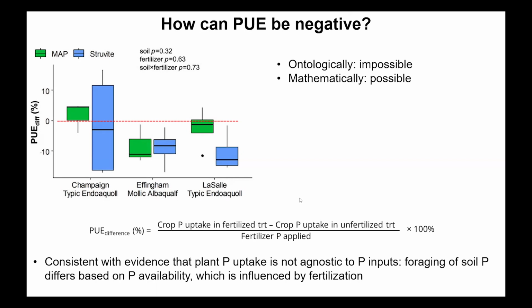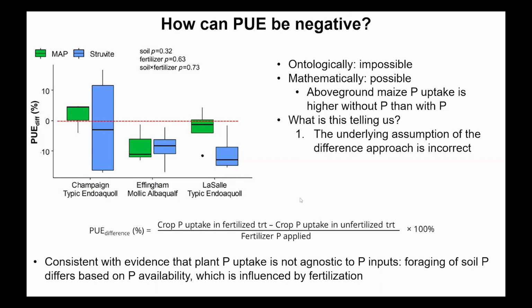And this is telling us two things. One is that the assumption that uptake from the soil is the same whether the crop has no P added or has P added is not a valid assumption, at least for these three soils. That's the first implication.